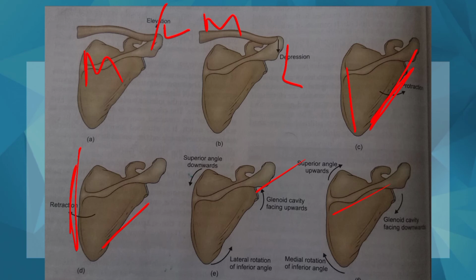The movement is brought about by the upper fibers of trapezius and the lower fibers of serratus anterior. This movement is associated with rotation of the clavicle around its long axis. Medial or backward rotation of the scapula occurs under the influence of gravity, although it can be brought about actively by the levator scapulae and the rhomboids.